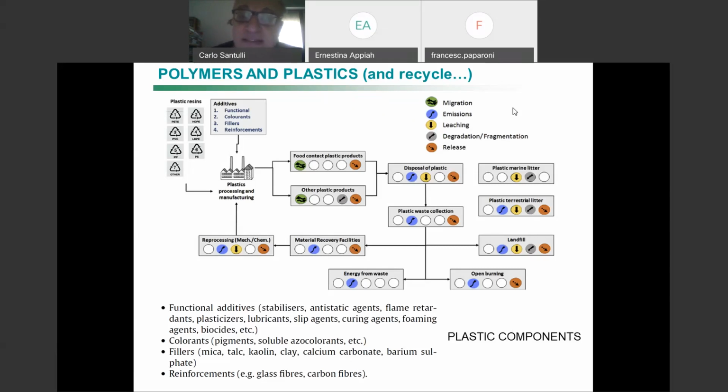Here we are starting to talk of plastics which are produced from oil, therefore fossil based raw materials. So the so-called petroplastic, the traditional plastic.